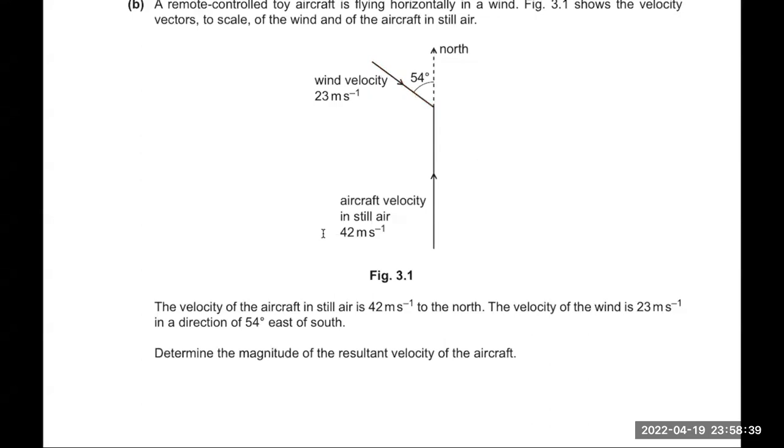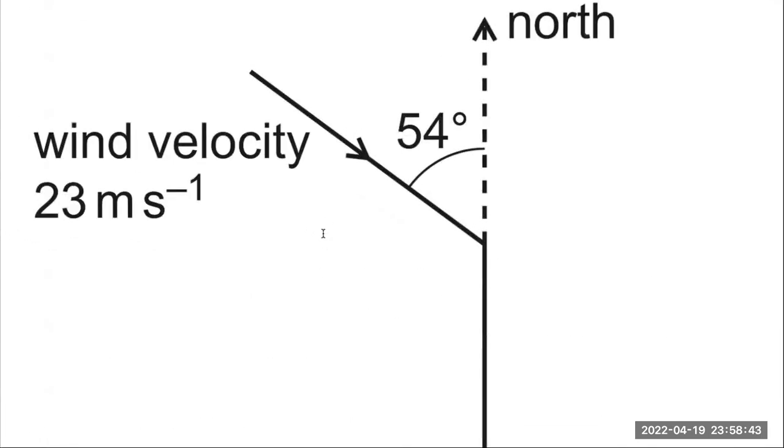You'd also have to use the head to tail rule. So let me zoom in. This here is our vector. Or you may use the cosine law if you know how to do it. You've got both options.